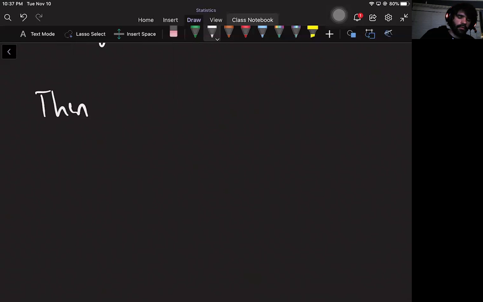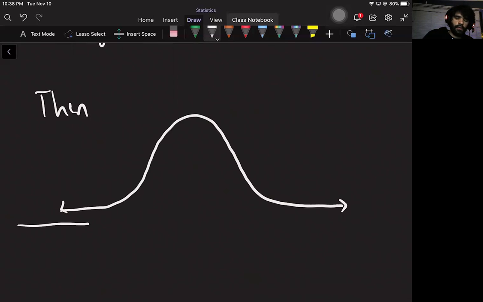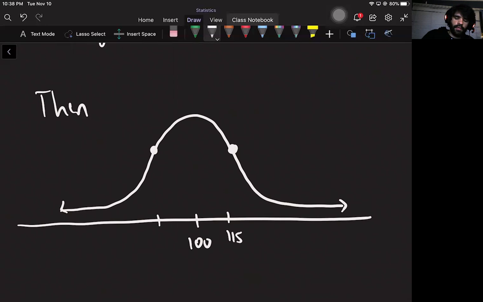The bell curve that I'm looking at is the one whose middle is 100 and the standard deviation is 15. So to get to the inflection point, I have to add 15. That takes me to 115. And then I have to subtract 15, which takes me down to 85. So that's the bell curve associated to this situation.